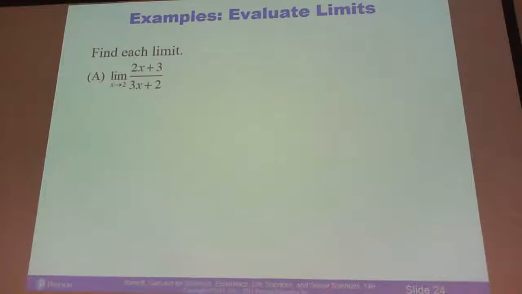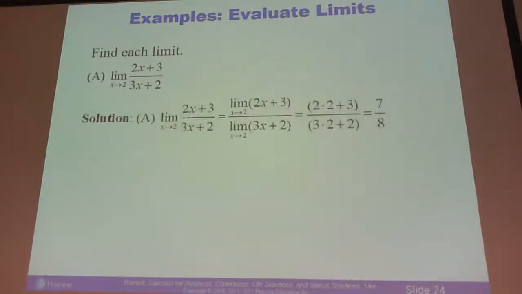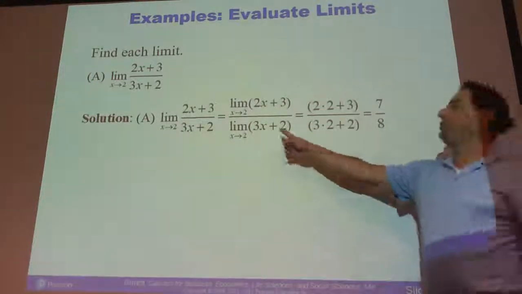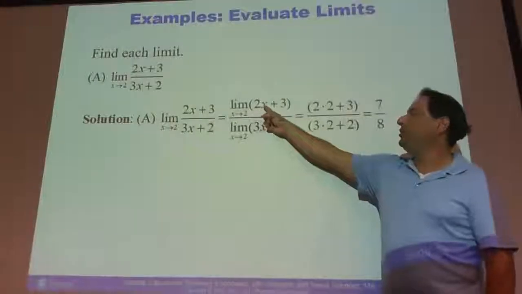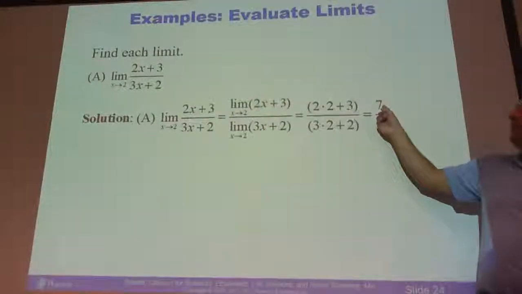So in this case, the limit as x approaches 2 of 2x plus 3 over 3x plus 2. Basically, we're going to plug in 2. We're going to take the limit as x approaches 2 of the numerator, 2x plus 3. So 2 times 2 is 4. 4 plus 3 is 7.